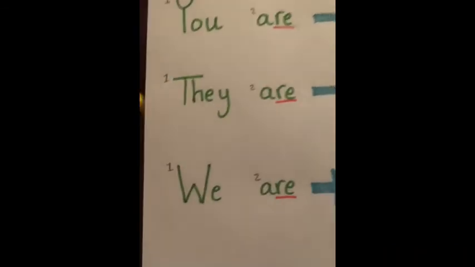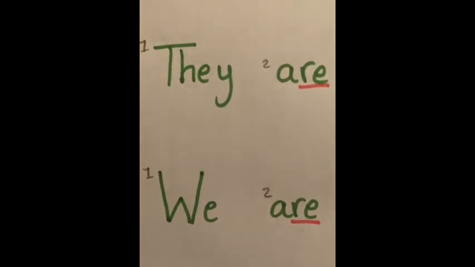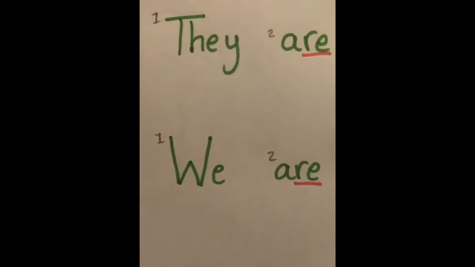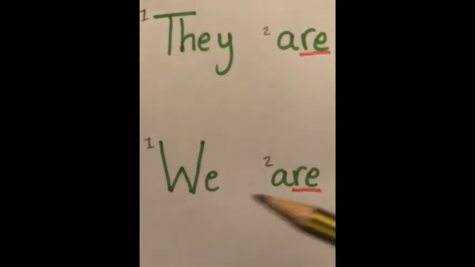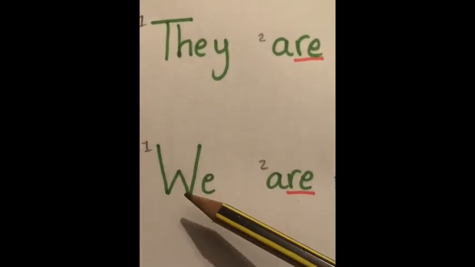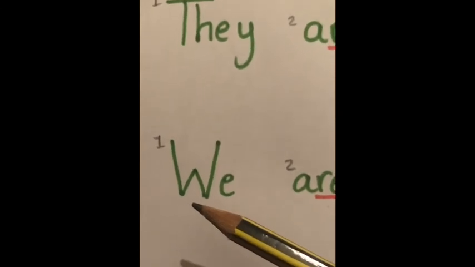Now, we are. What is the first thing we do? We see what is the first word. We are the first one. Excellent. We. So we write the first word or the first pronoun as it is. We don't change anything. Okay?